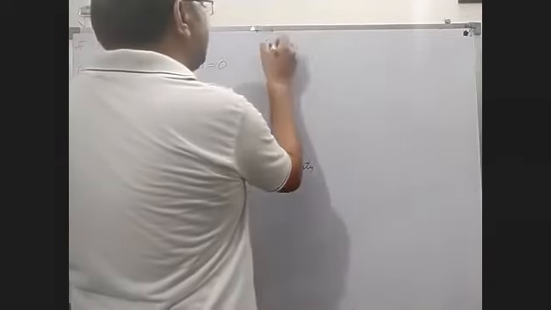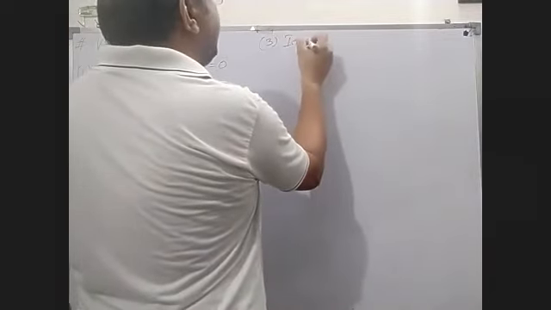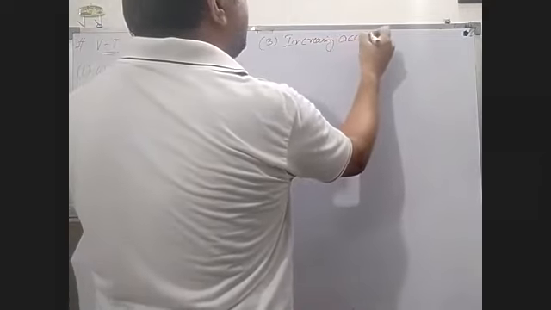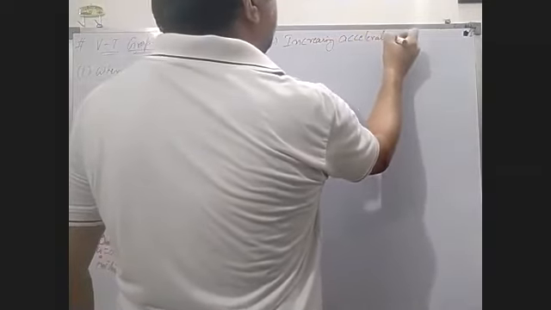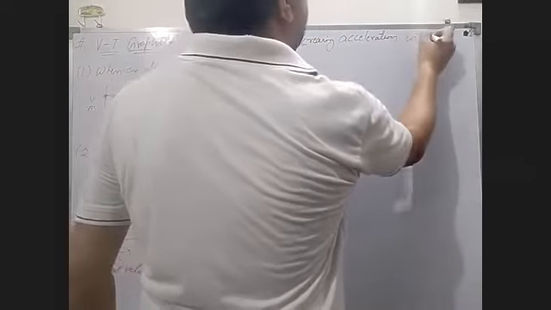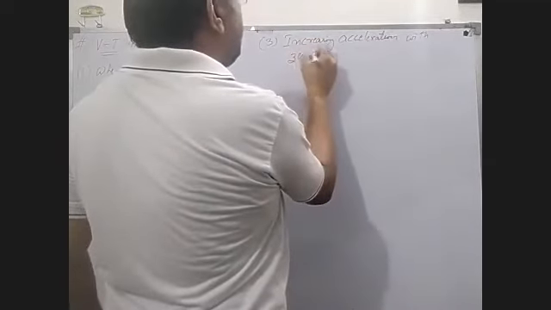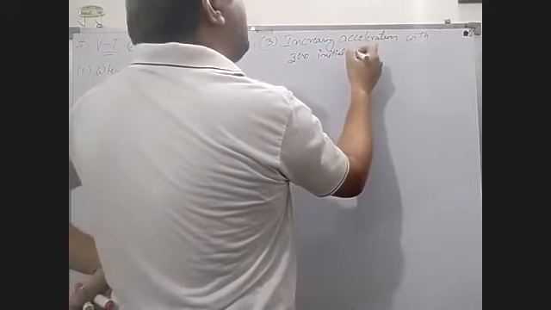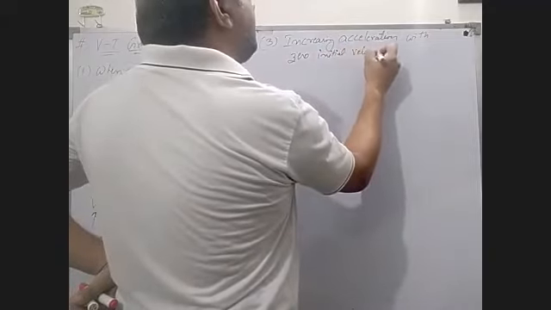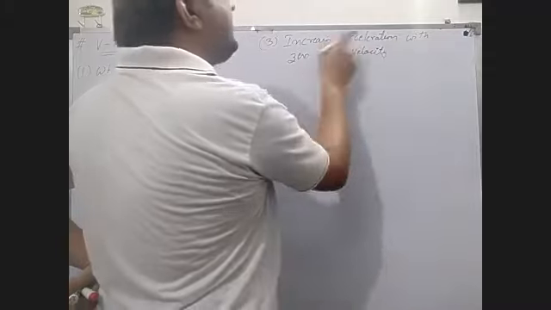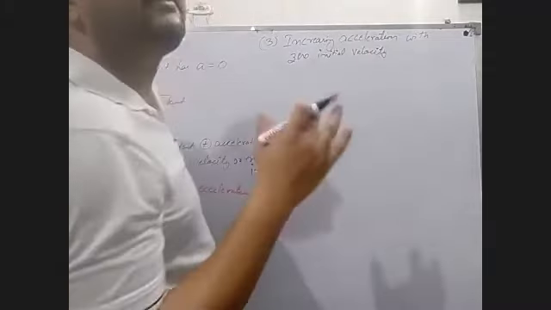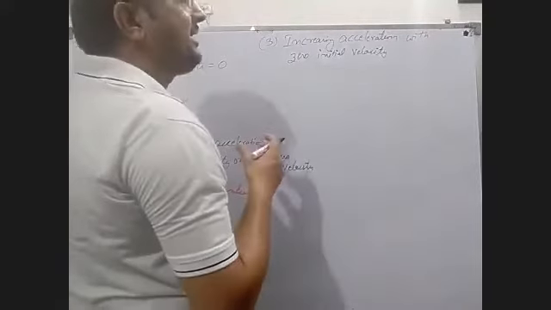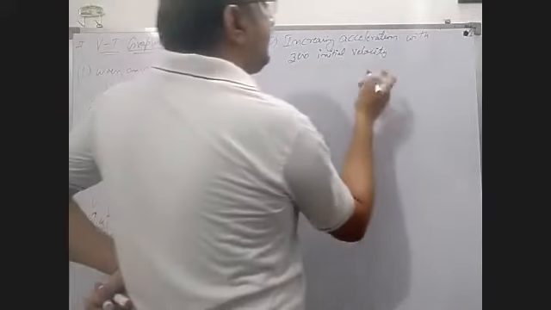Third case is increasing acceleration with zero initial velocity. What is meant by this? Increasing acceleration, positive acceleration is this. The value of acceleration is increasing rapidly. Okay, and zero initial velocity.